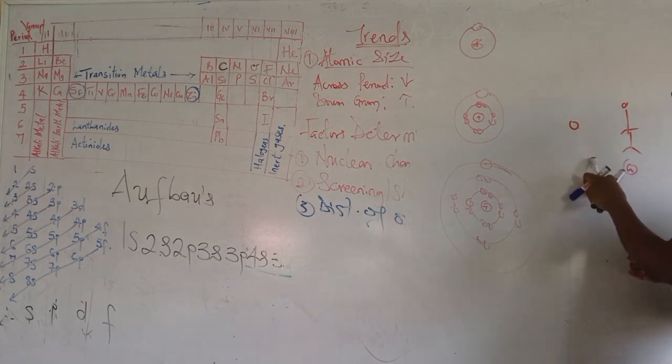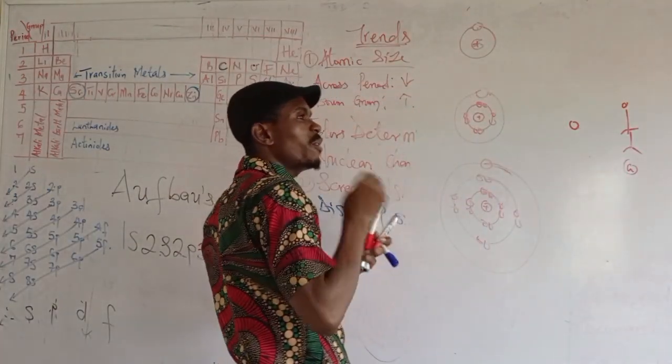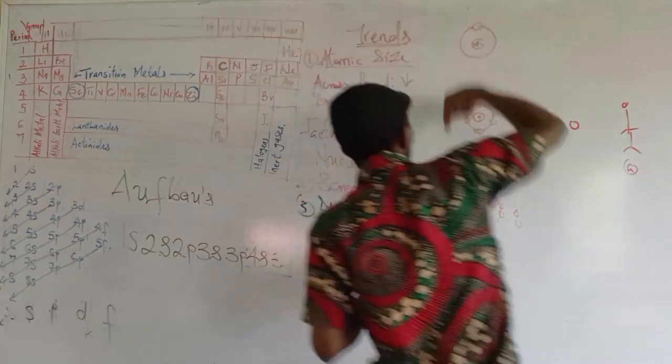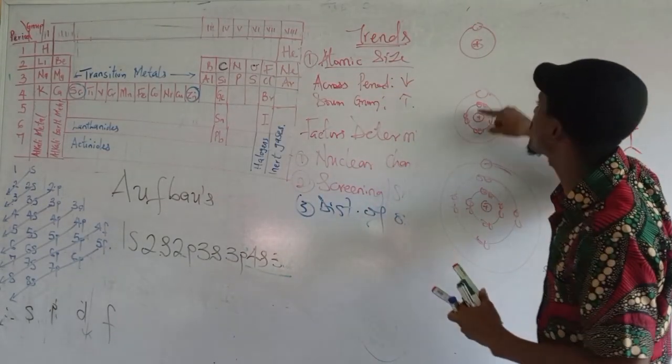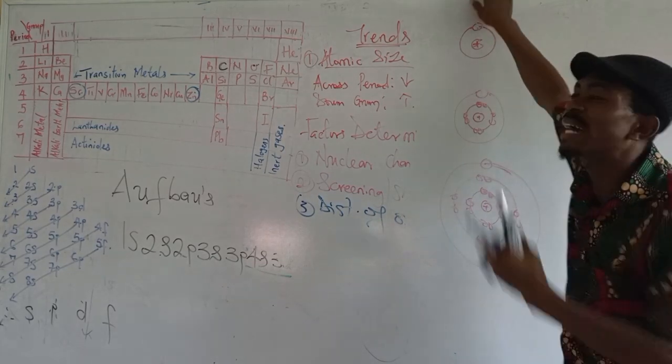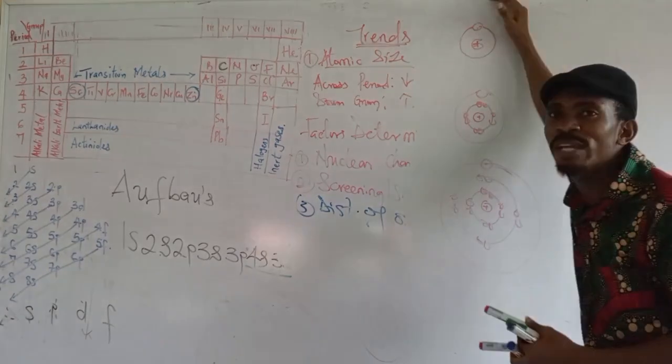That is what is going to be happening here. So in the case of the screening effect, the electrons that are closer to the nucleus are going to shield away those electrons that are farther away from the nucleus. That is the screening effect.